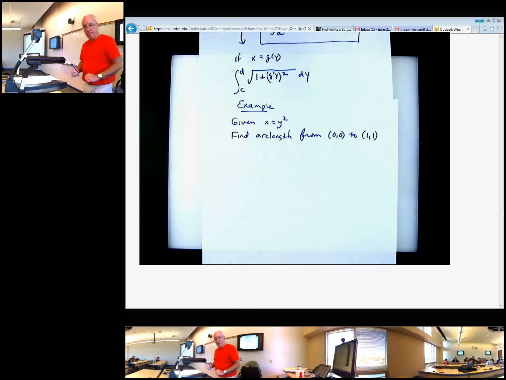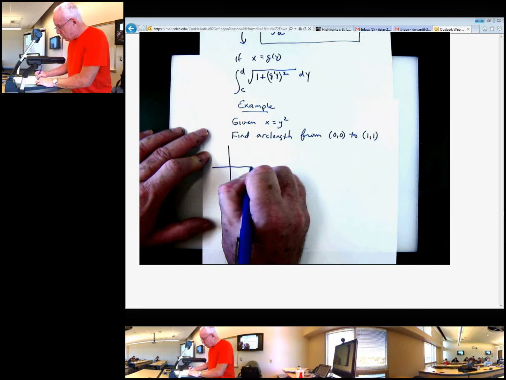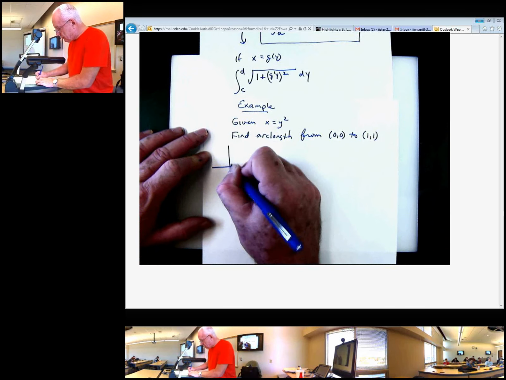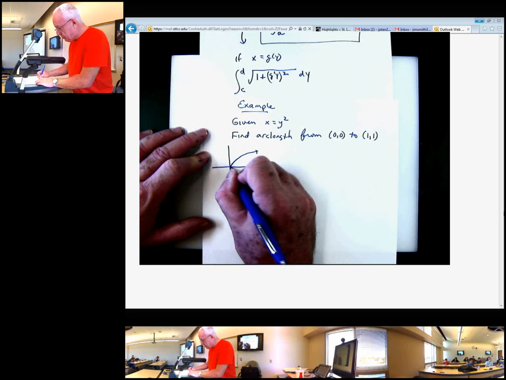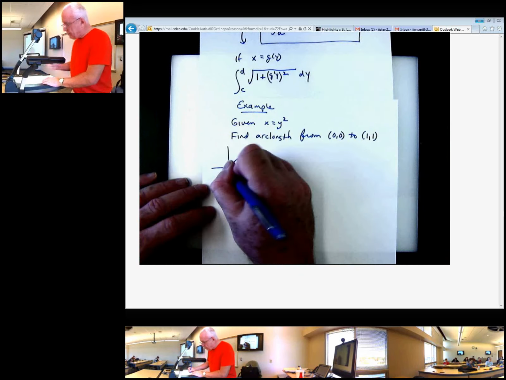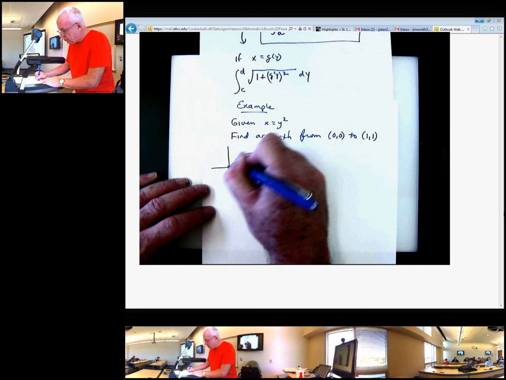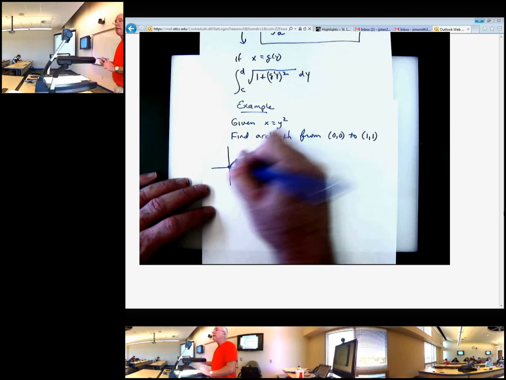So what we're talking about here, just drawing this, x equals y squared is going to look something like this. And we're talking about going from the origin here to the point 1, comma 1, and getting that length right there.